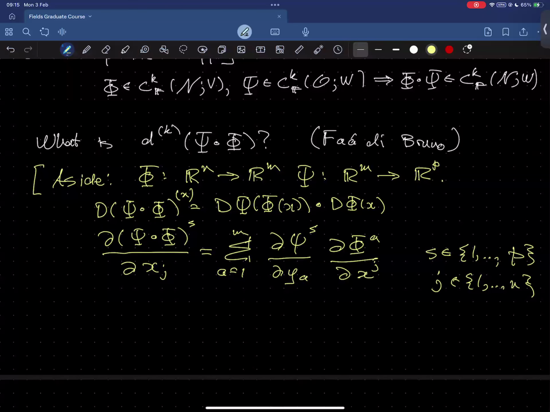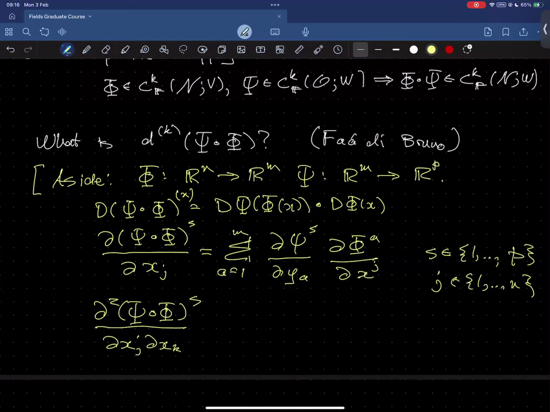Because now I'm going to differentiate again. It's just easier to do the derivatives in this form than in this form, at least when you're starting out thinking about this stuff. So let's take a second derivative: d2 of psi composed with phi s by dxj dxk.